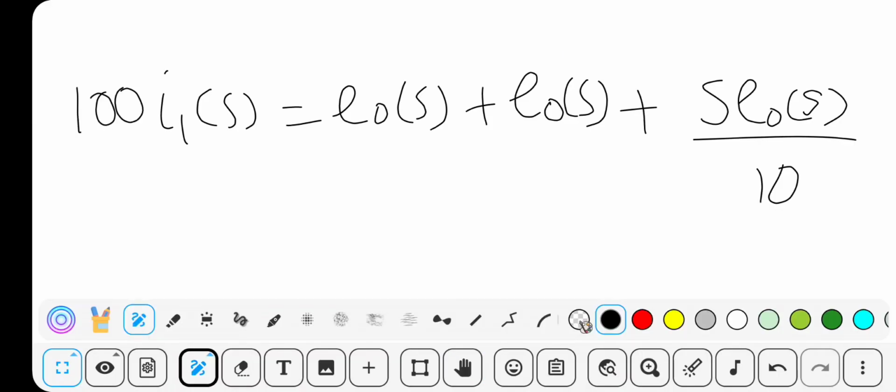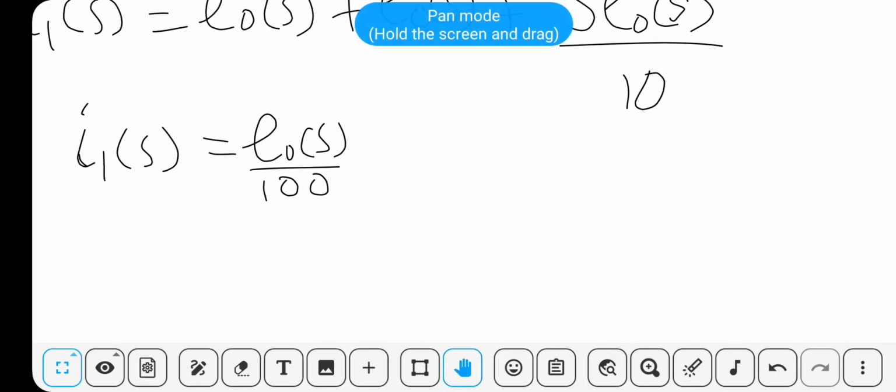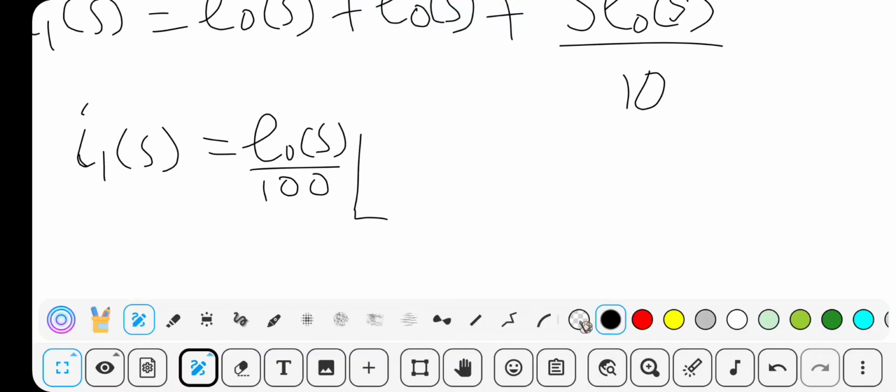So dividing both sides by 100 should be I1 of s is equal to E naught of s over 100 should be 2 plus s over 10.